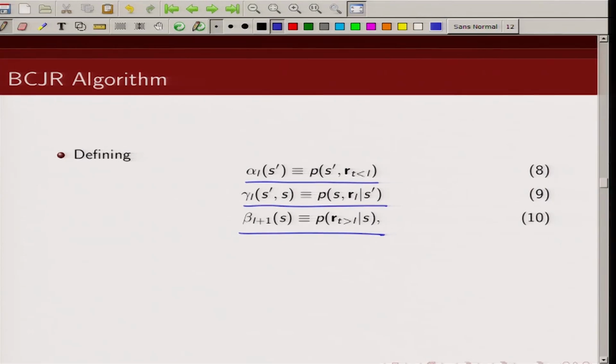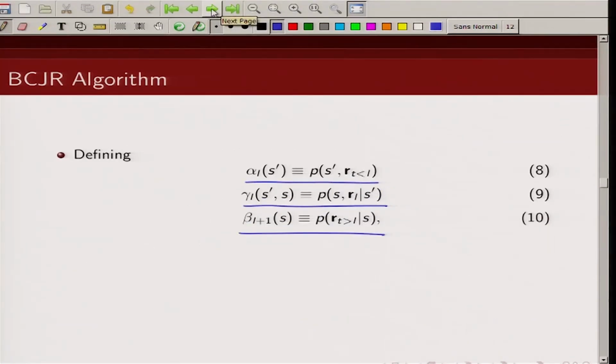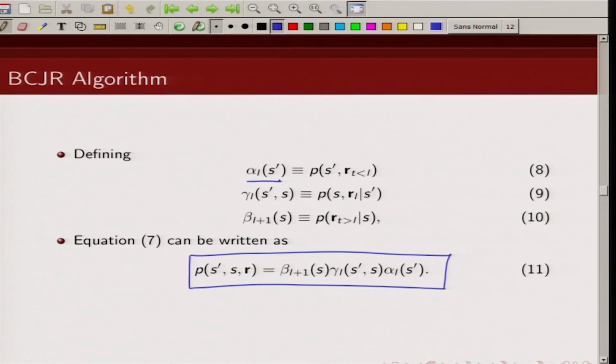Now we are going to show that we can write this joint probability in terms of alpha, beta and gamma. So, we can now write our equation in terms of alpha, beta and gamma. Okay. So, let us now talk about how we can compute alpha, beta and gamma.